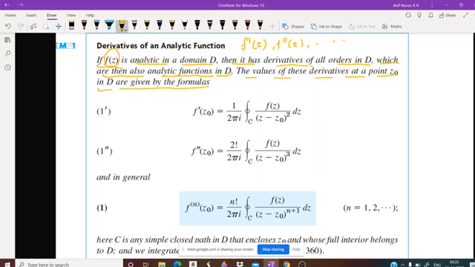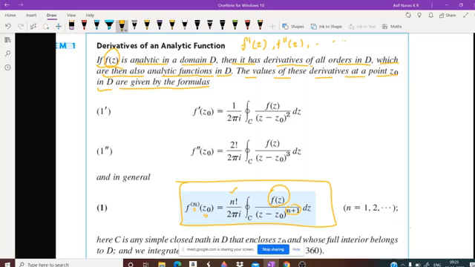So if this f of z is analytic, then the nth derivative of f at z naught is equal to n factorial divided by 2 pi i times the integral over C of f of z by z minus z naught raised to n plus 1, dz.